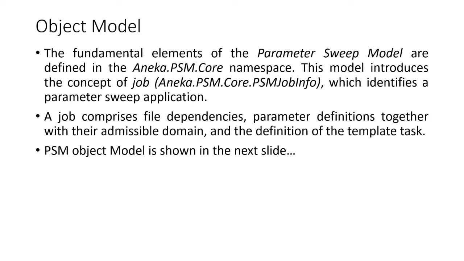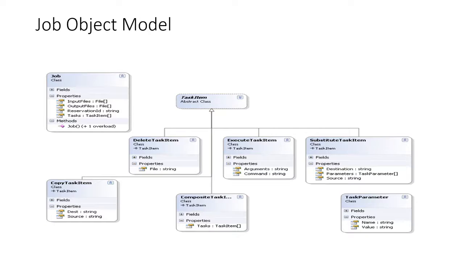A job comprises file dependencies, parameter definition together with their admissible domain and the definition of the template task. PCM object model is shown in our next slide. This is the diagram showing the job object model.